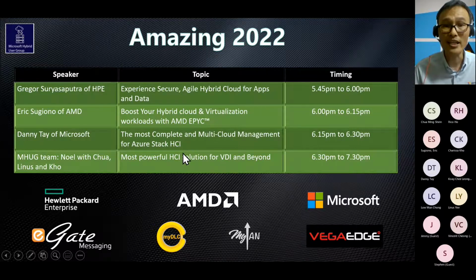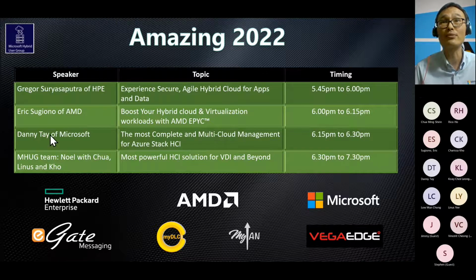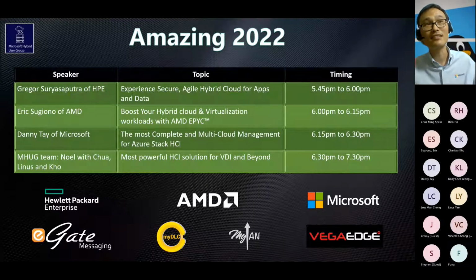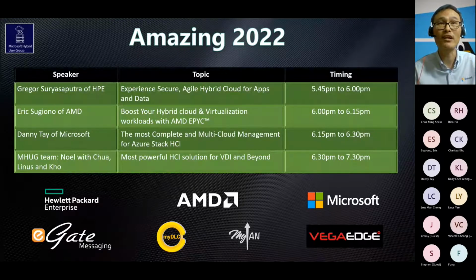And of course, we have Danny from Microsoft Regional, based out of Singapore, who is going to talk about the most complete and multi-cloud management for Azure HCI, essentially, AKA, if you want, Azure Arc. And of course, the rest comes back to myself, Chua, Ko, and Linus, to do the rest.